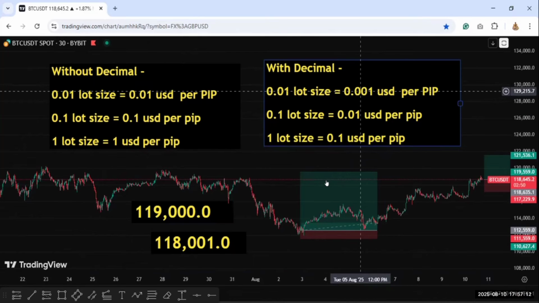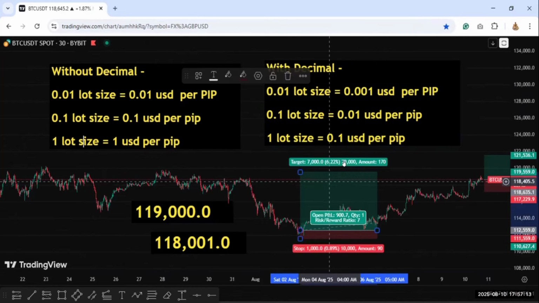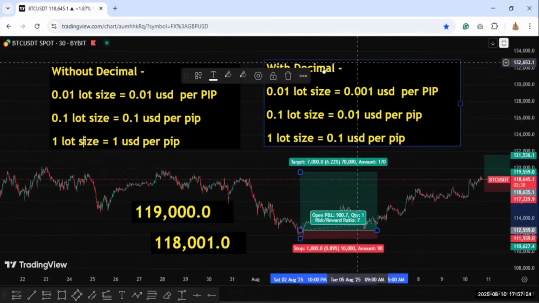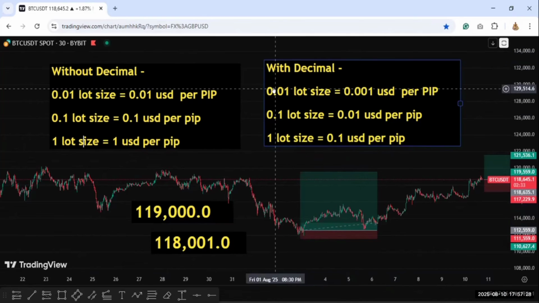And since we are aiming for 70,000, we will now multiply 0.001 by 70,000. So our target will be 70 US dollars. We will be targeting 70 US dollars if we are going to use 0.01 lot.